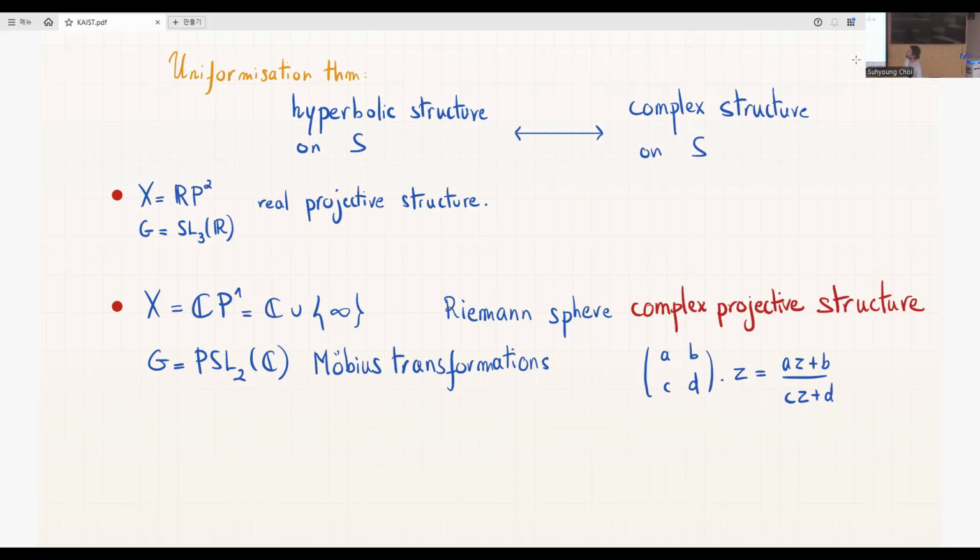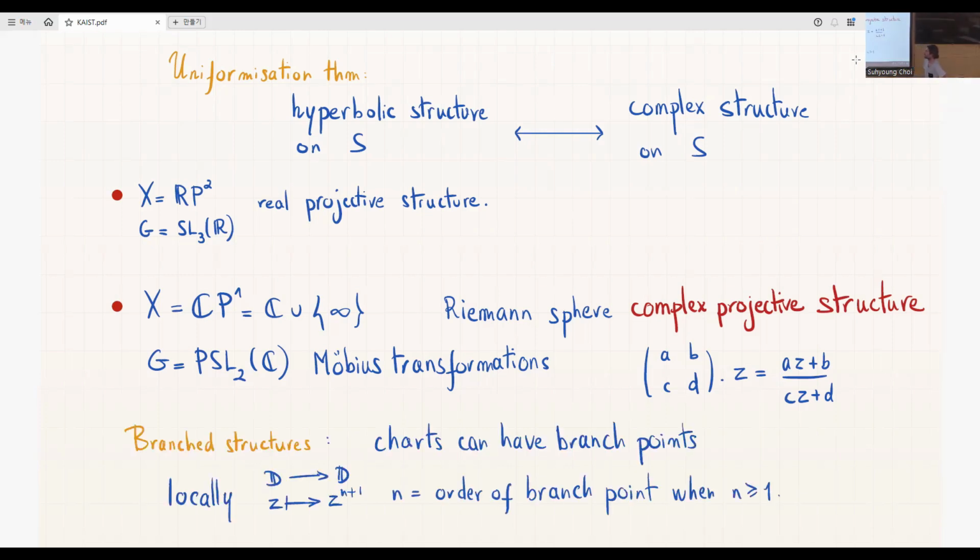Another motivation is that it generalizes the hyperbolic structure, because H² is in CP¹ and PSL₂(R) is in PSL₂(C). It also generalizes the translation structures, because C is included in CP¹ and the translations are Möbius transformations.